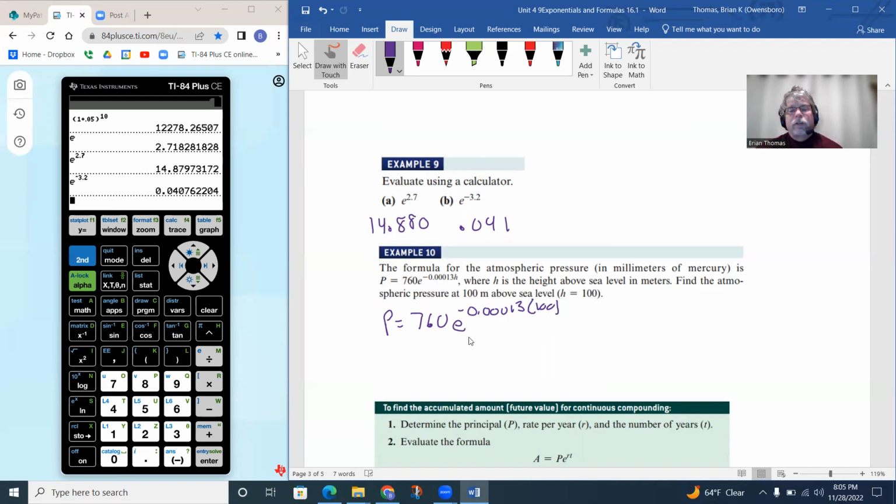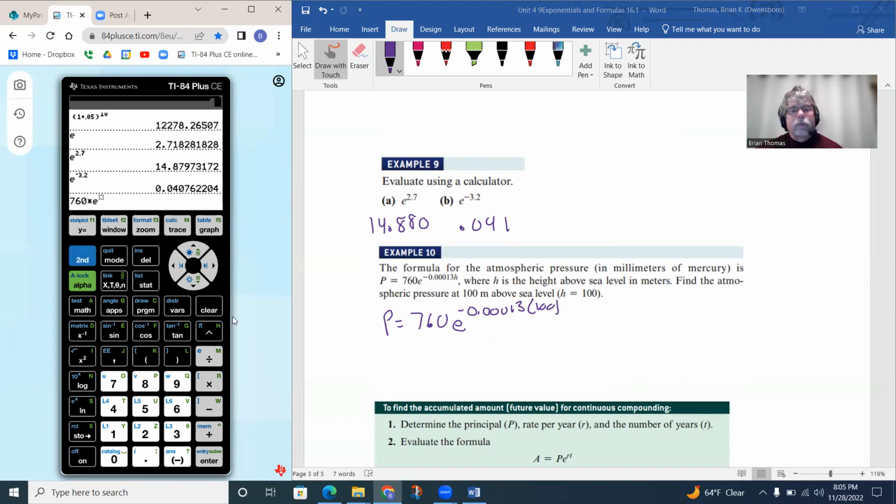So I can actually type this into the calculator. The 760 times e, and I'm prompted to put that exponent in. So negative 0.00013 times 100.